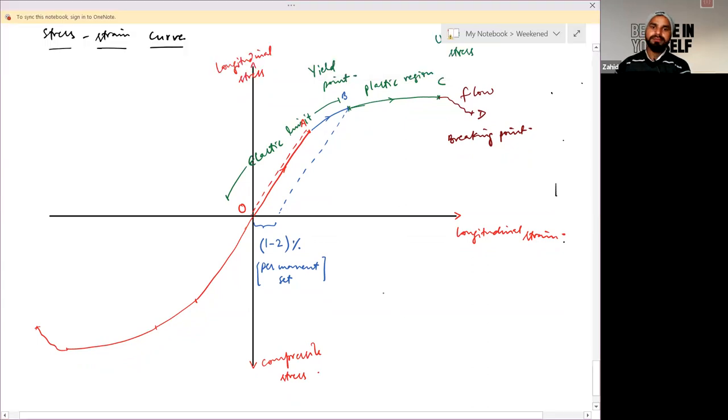So first is O to A. If the deforming force is removed, the body will attain its original shape.